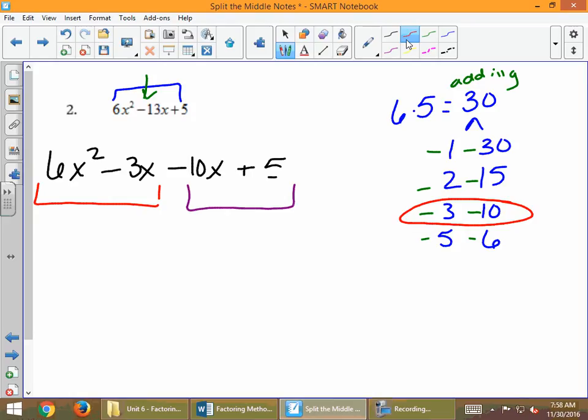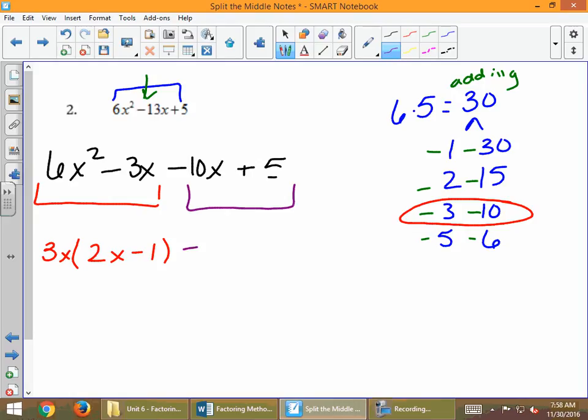Between 6x squared and 3x, what can we take out? And what are our leftovers going to be when we take out a 3x? 2x minus. Very good.